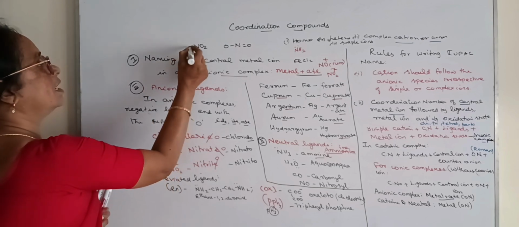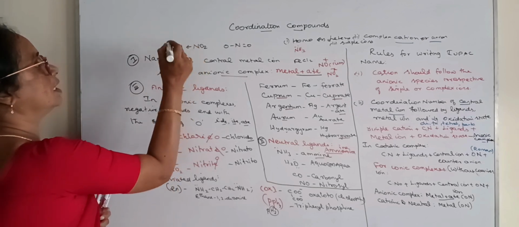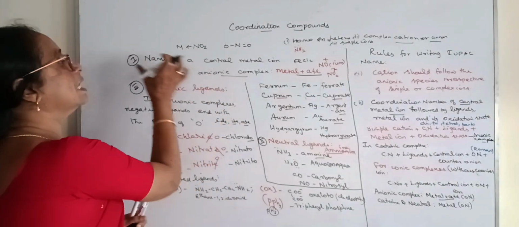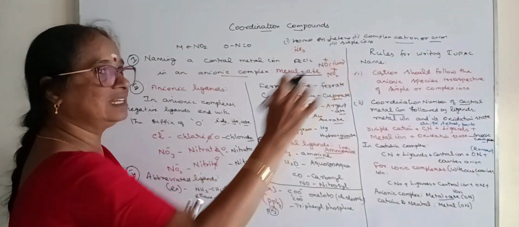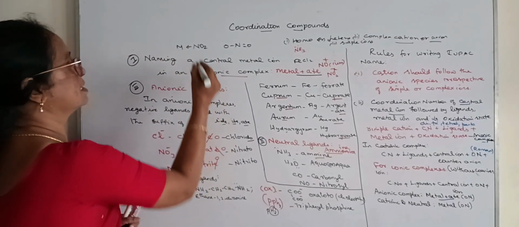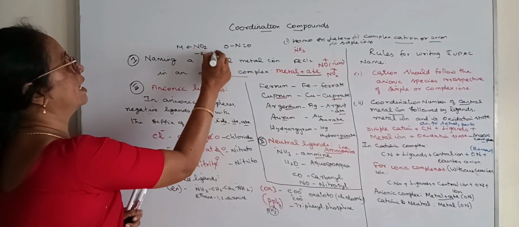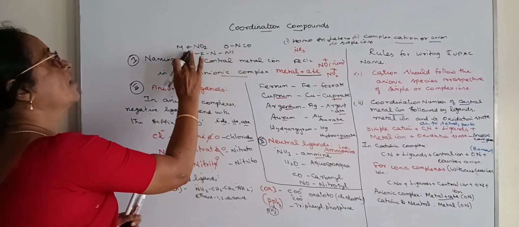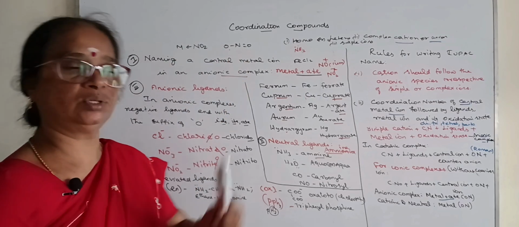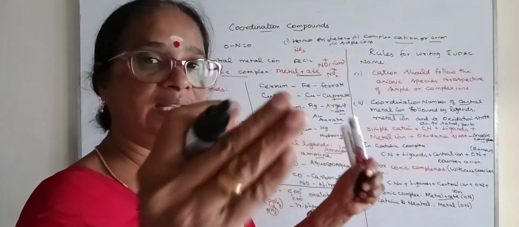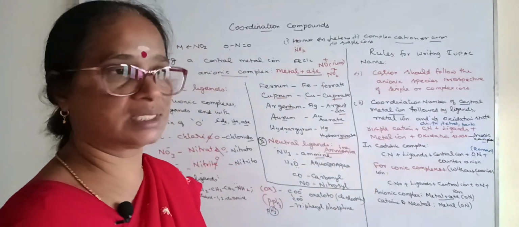What we said, if the nitrogen is bonded to the central metal ion, then you should write nitrogen is attached at the end of the metal in the complex name. In such a way we write N-nitrito or O-nitrito; whichever atom is bonded to the central metal ion should be given in its IUPAC name itself.